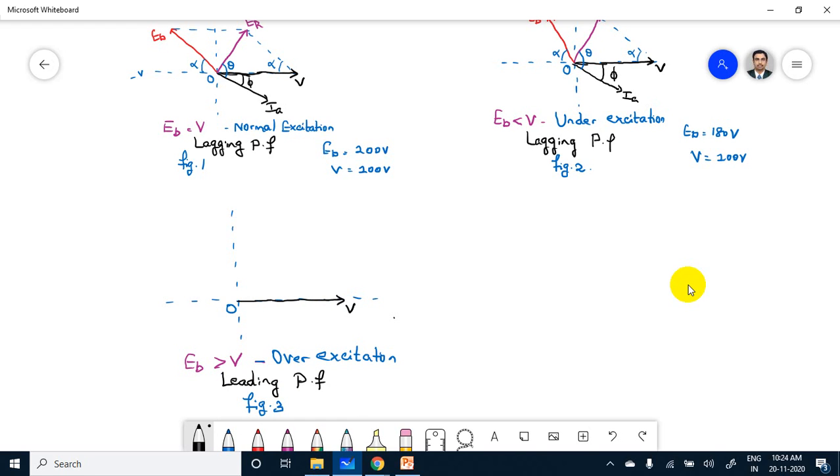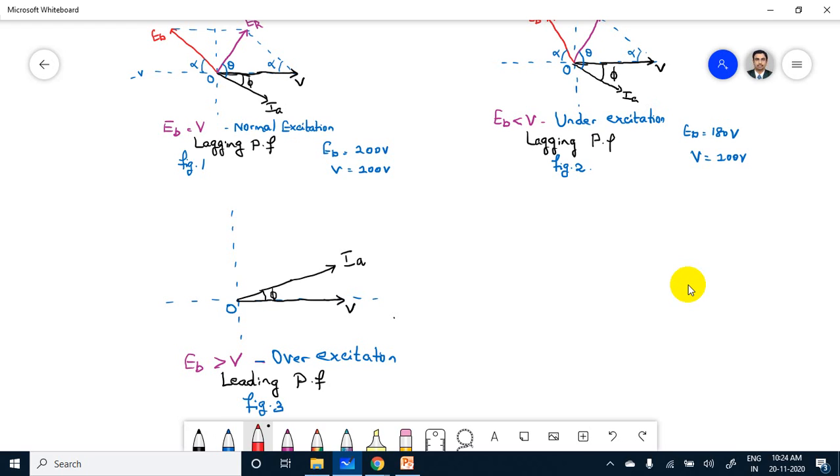Since it is a leading power factor, the current value will be leading it. This is leading IA. The angle between V and IA will be phi.